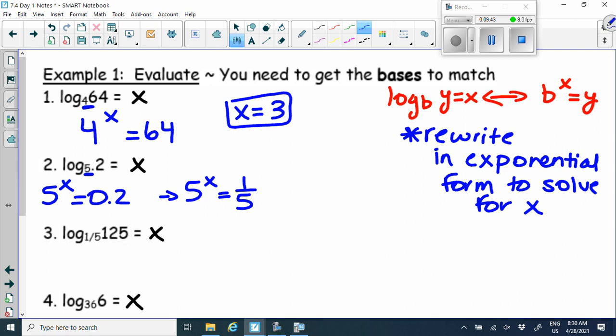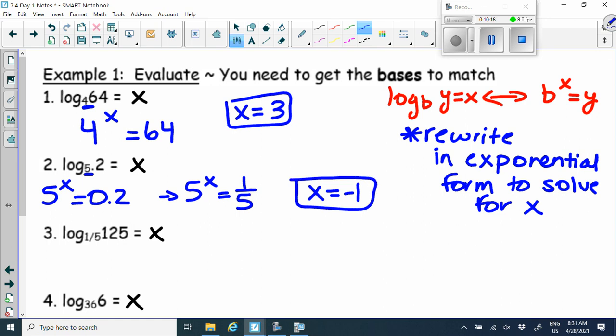Whenever we go from a whole number to a fraction, or vice versa, our x is going to be negative, because when we flip the fraction, or take the reciprocal, it becomes negative. So our exponent will be negative. Now we have to think: 5 to what power gives us the 5 in the denominator of this fraction? 1. So that means my x here is going to be -1.